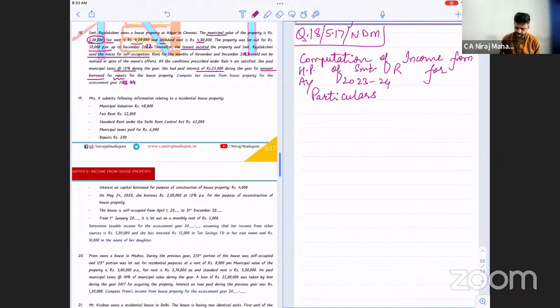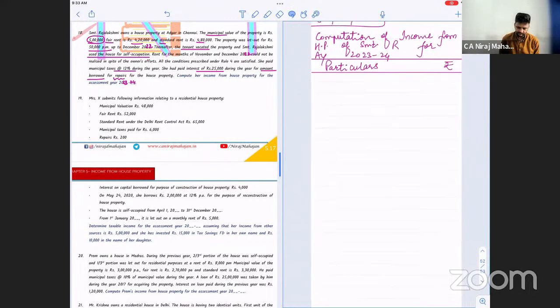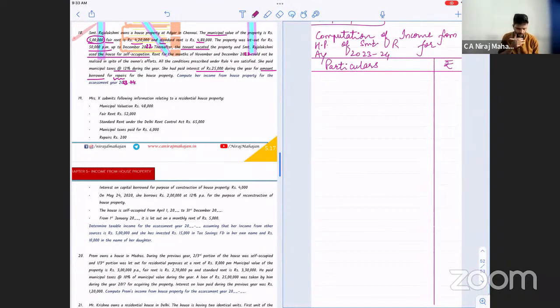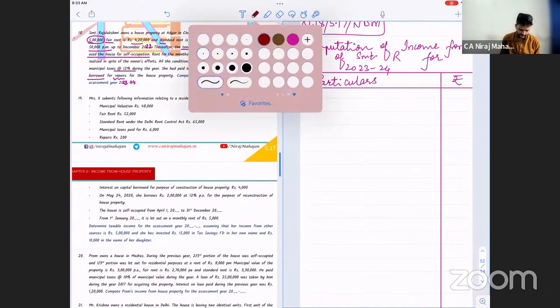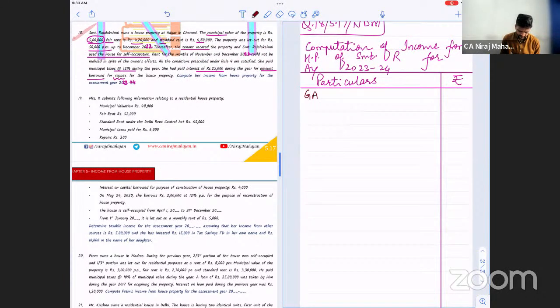Ready, everybody? We don't have any other heads of income also, nothing. First one, GAV calculation. Expected rent, again for the entire year.